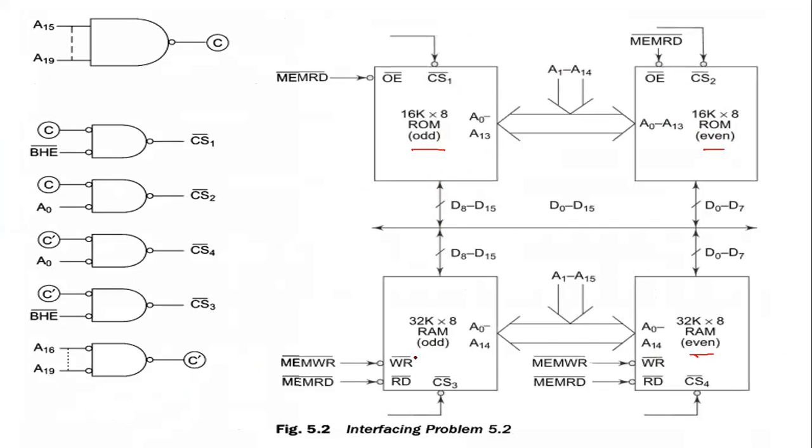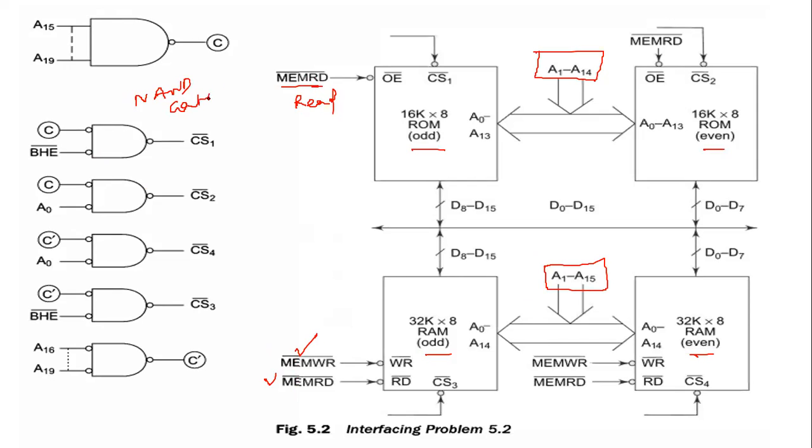The only difference is the connected address lines. Again, see the difference between RAM and ROM. ROM is allowed only the memory read operation, but RAM is allowed both read and write operations. So these are some NAND gates.